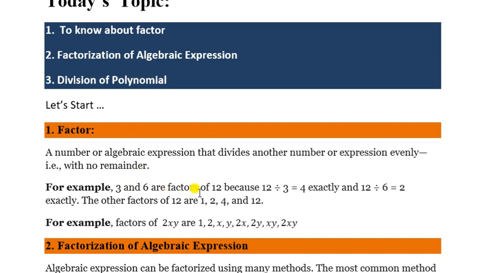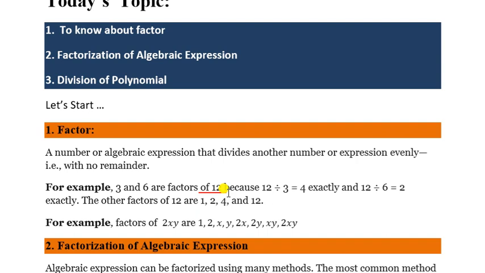if we give you a number 12, easily you can find the factors of 12. We try to find all the divisors of 12, and all the divisors of 12 will be the factors of 12.